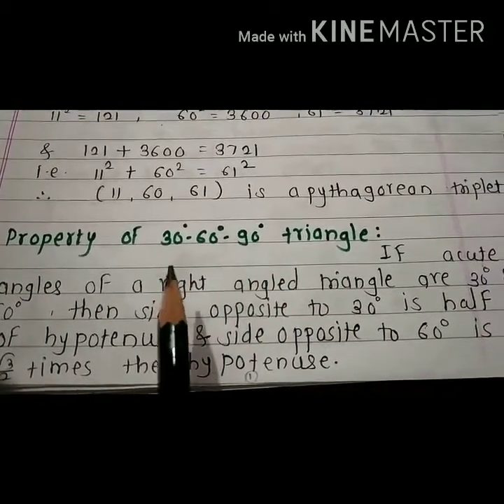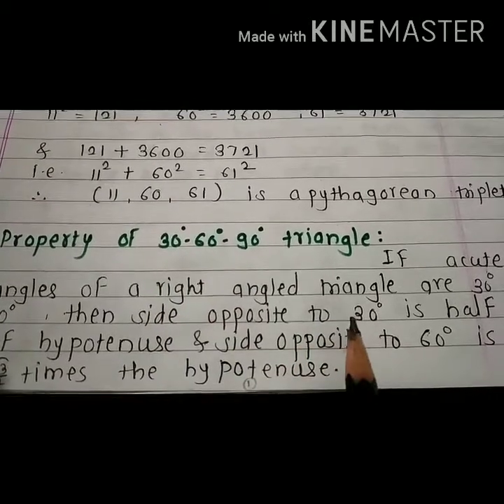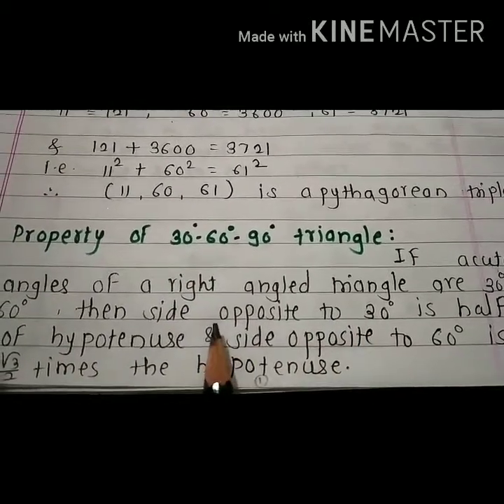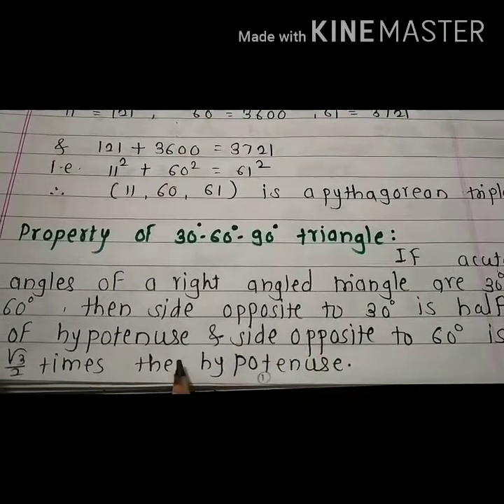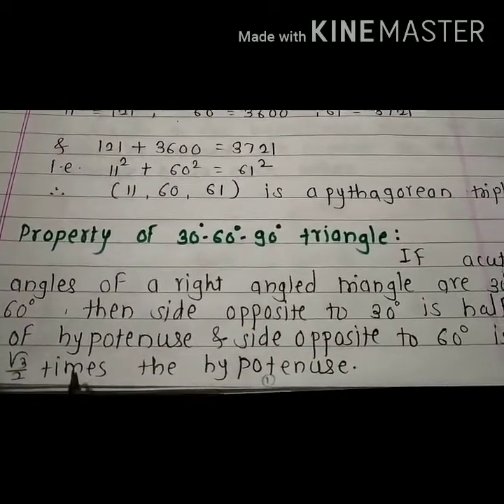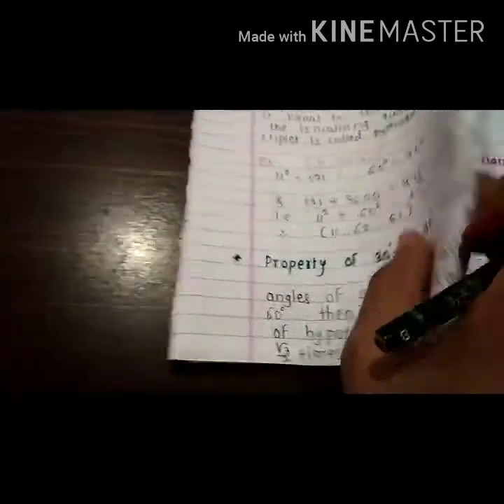Then what does the property say? The side opposite to 30 degrees is half of the hypotenuse, and the side opposite to 60 degrees is root 3 by 2 times the hypotenuse.